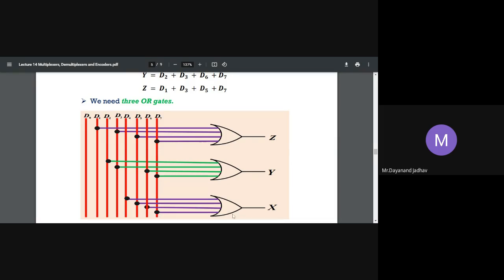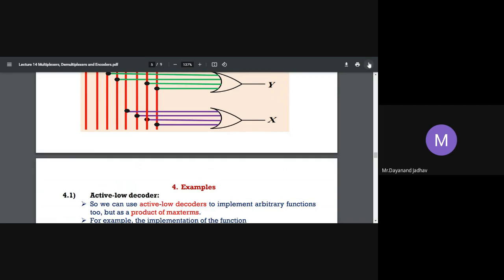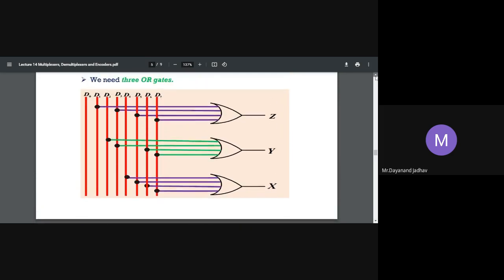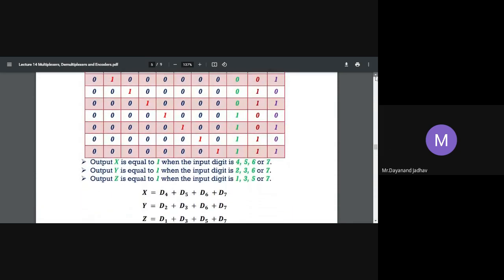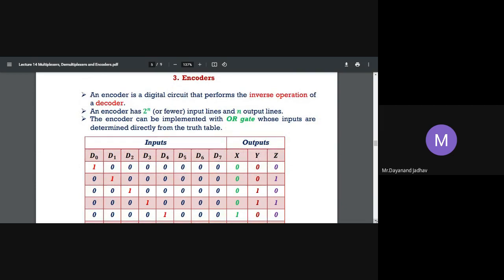These are the connections for X. This is the encoder design for the combinational circuit.